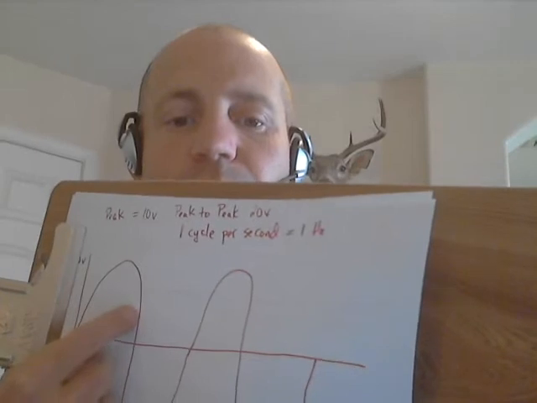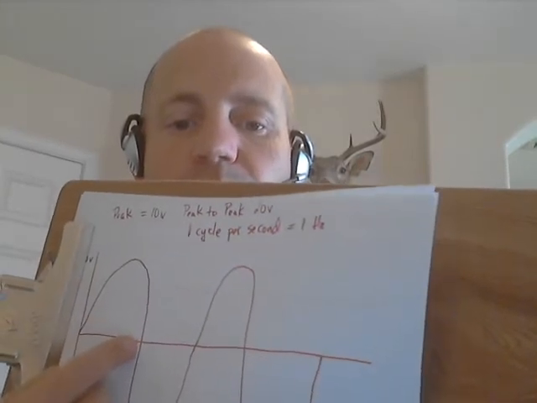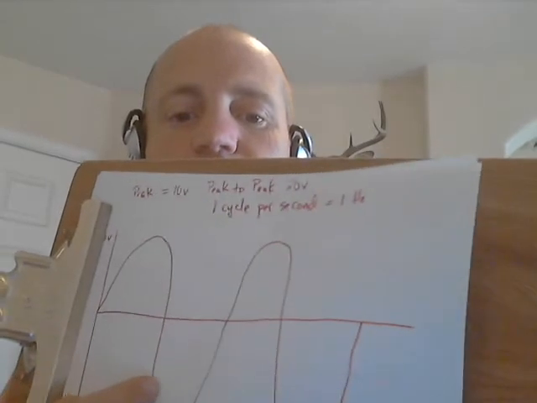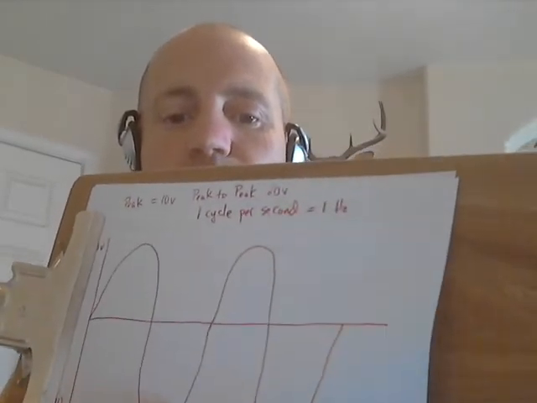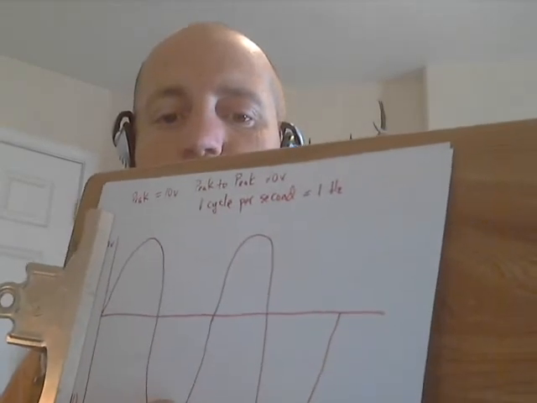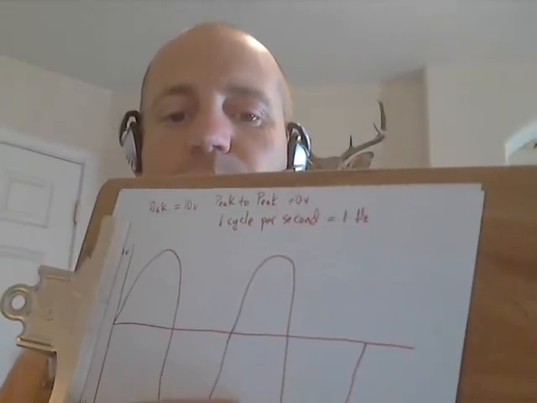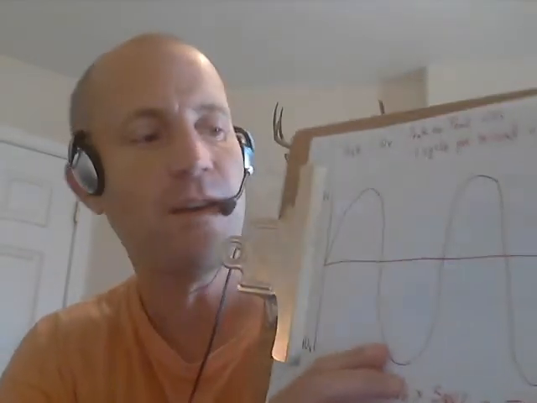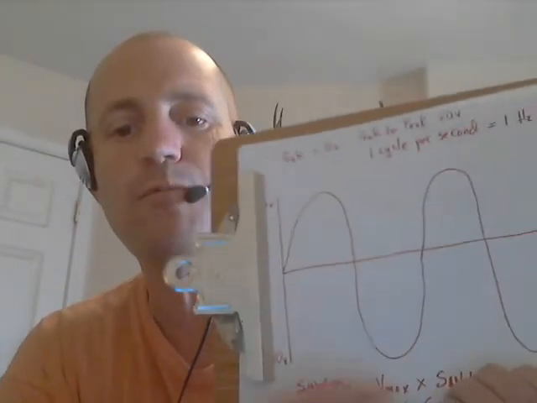Then it begins to decrease in value back down to 0 volts. Then it goes in the opposite direction, so now it goes into its maximum negative voltage, and it peaks out again on the negative side with the opposite polarity, and then it goes back to 0. This produces a figure that's known as the sine wave.